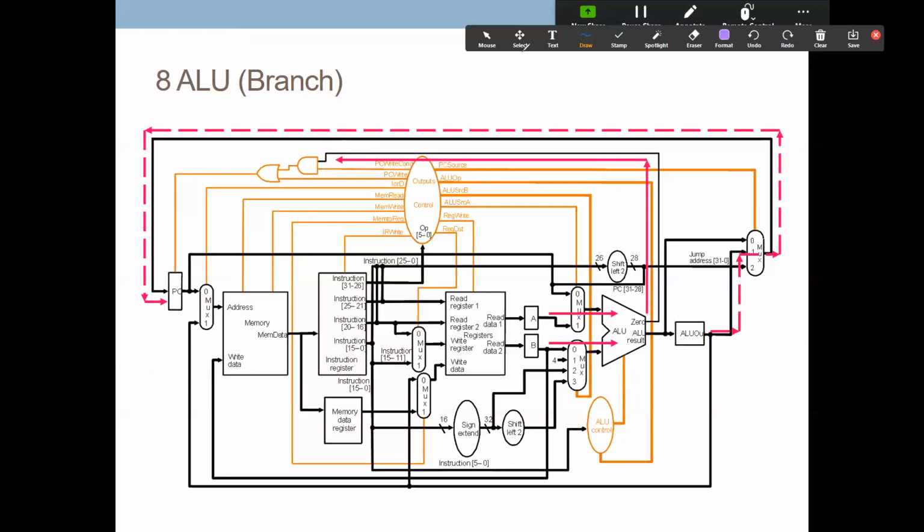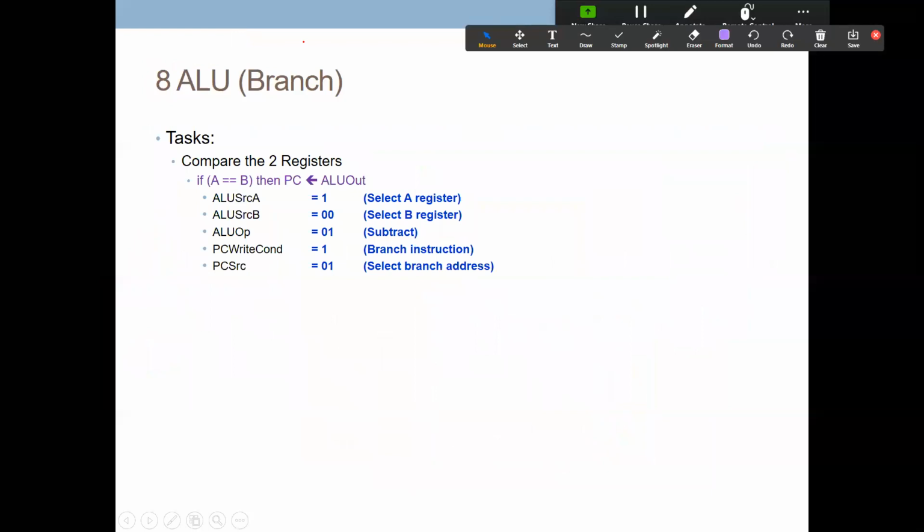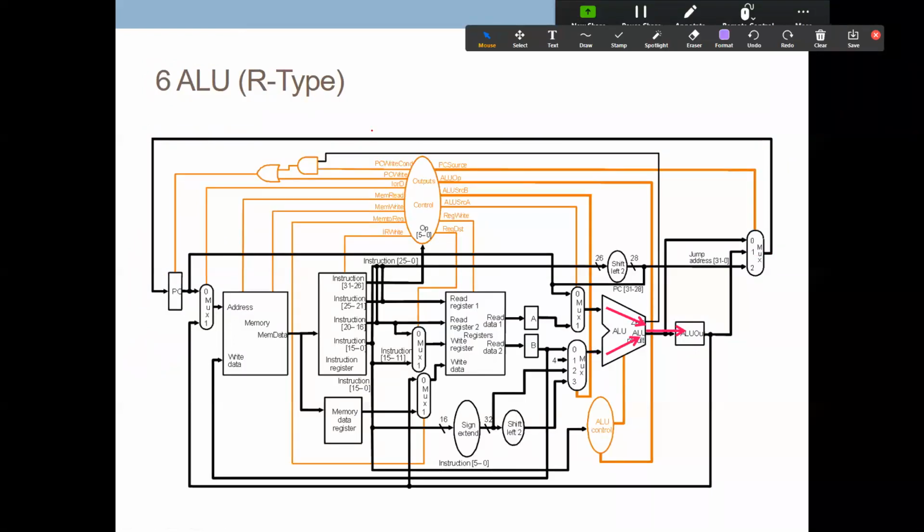Now, next instruction. What if the instruction was not a branch, but an R type? If this was an R type instruction, in the ALU stage all you need to do is perform the ALU operation.